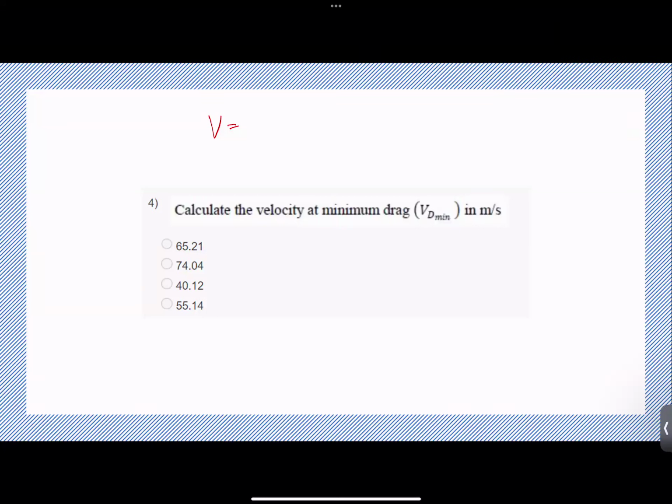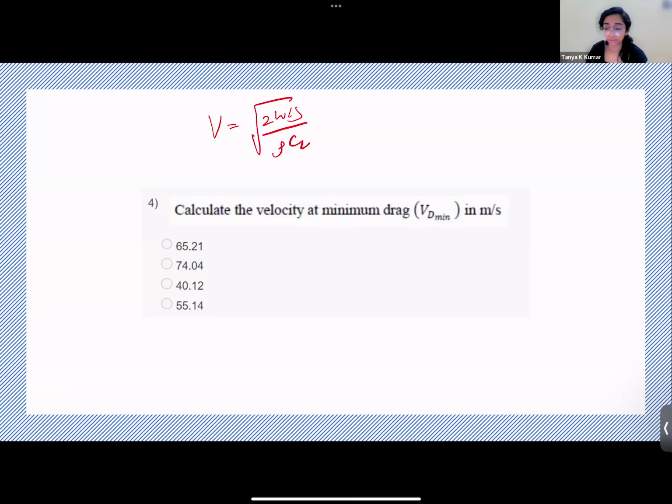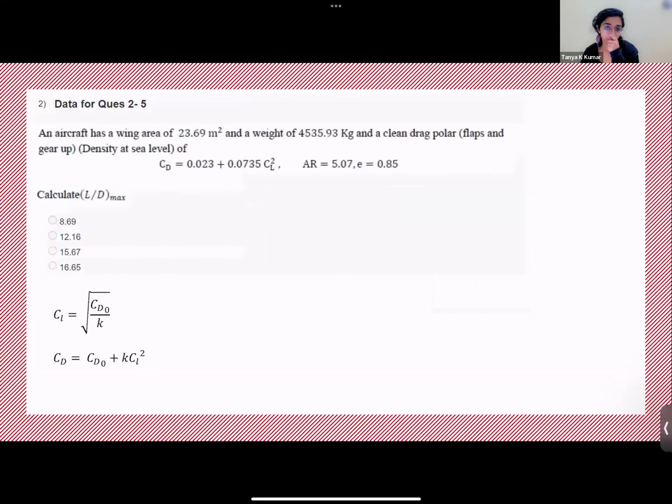Root 2 W by S upon rho CL. Yes. So for the minimum drag condition, you just have to use the CL for minimum drag. That's the only difference. The data is given in the previous question. So you have W, you have S, density at sea level you know, and the CL you've calculated.